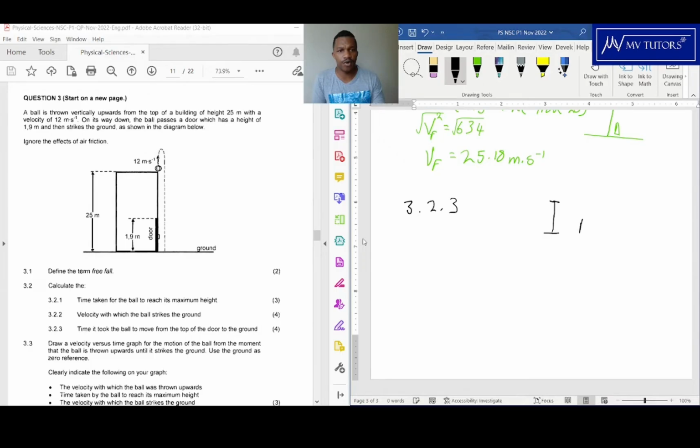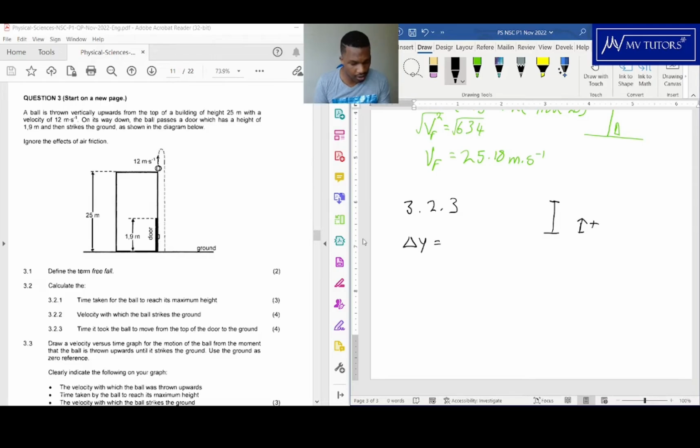Upwards is still positive. I'm going to take the distance from the bottom to the top, and the formula that I'm going to use is this one, change in y. Remember, it's all about picking the right formula. Once you've picked the right formula, you let the formula guide you from then onwards.